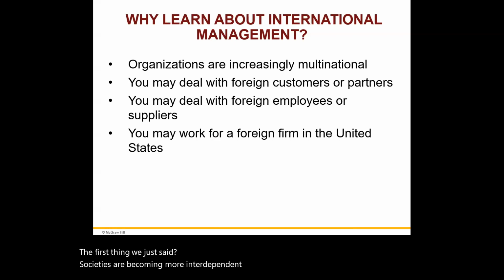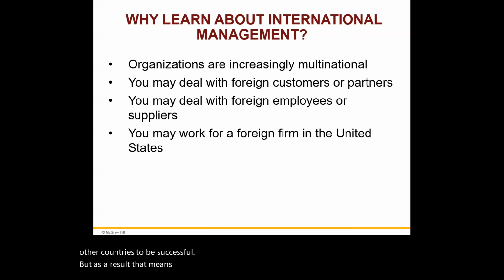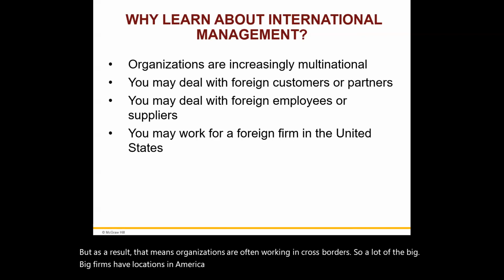So there's more of a globalization in terms of organizations doing business in other countries, organizations working with organizations in other countries to be successful. As a result, that means organizations are often working across borders. So a lot of the big firms have locations in America. They also have locations overseas. It's very common now to be asked to work in different locations around the world.